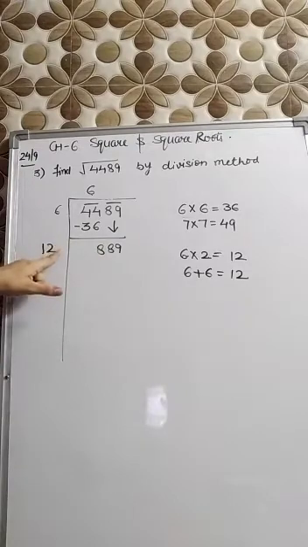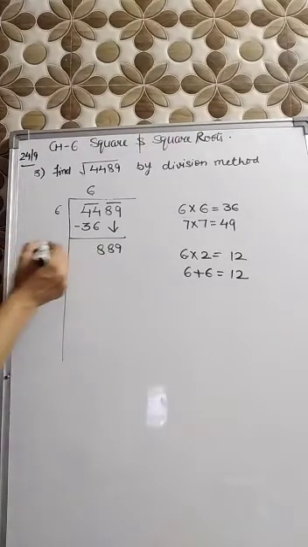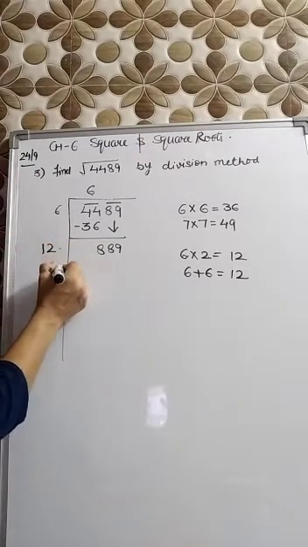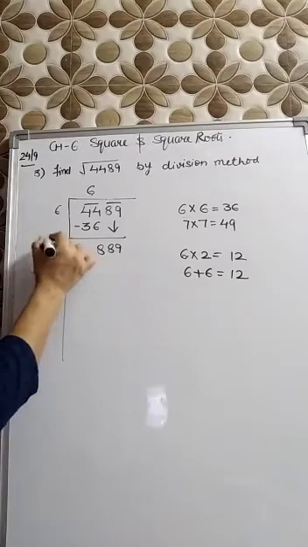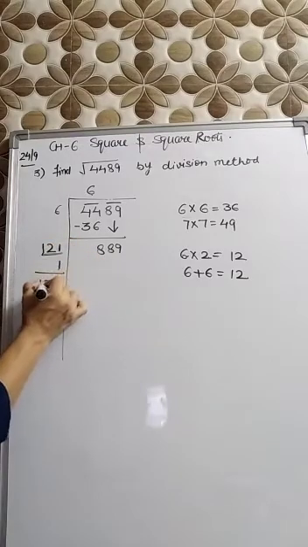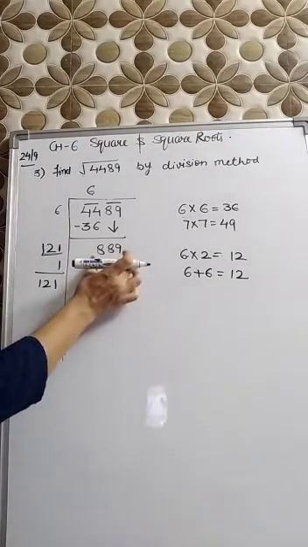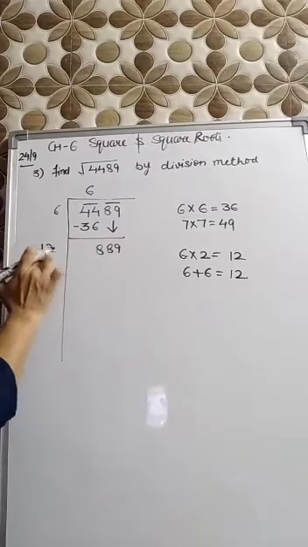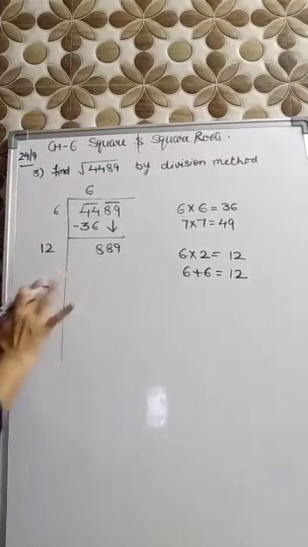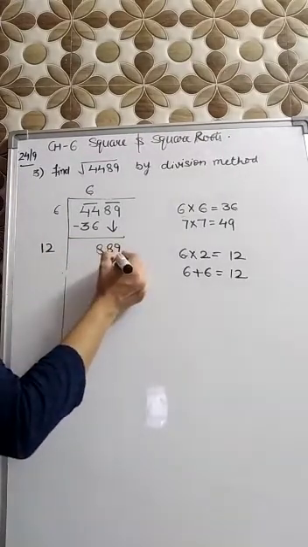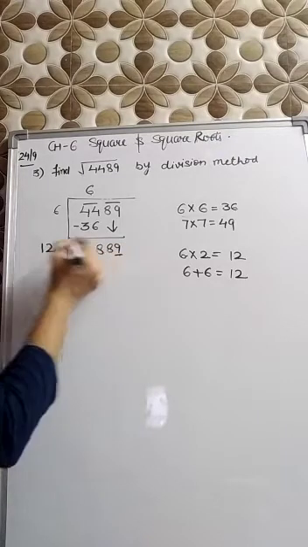Now you have to write the same digit here. The number that you write here will be multiplied with the same number. Suppose I am writing 1. When you multiply 121 with 1, you will get 121, which is much smaller than this number. So you can get the estimation from here. As you can see, here I am having 9. I want 9.